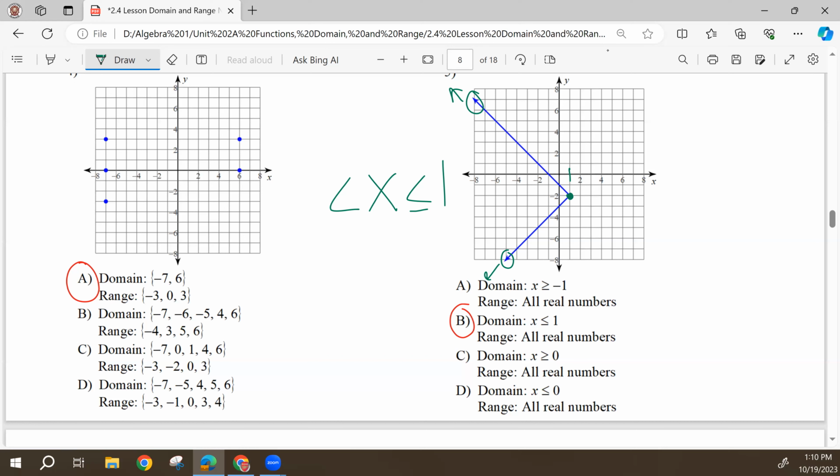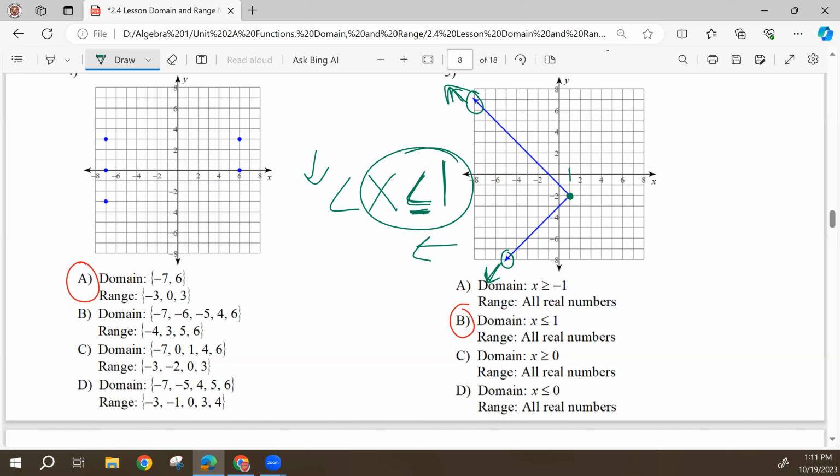But then again, this thing is going to keep going to the left forever and ever. As it goes down, it's going to keep going to the left. As it goes up, it's going to keep going to the left. And so there is no number to put here because it's going to keep going. So that means all of our x values are either equal to 1 or less than 1. And that's as far as we go.